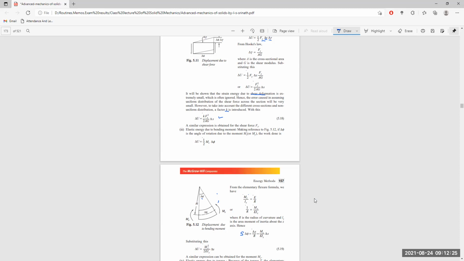If you put the value of 1 by r here, this equation takes the form delta phi equal to Mz by E Iz into delta s. Substituting this value of delta phi here, the equation becomes Mz square by 2 into E Iz into delta s, which equals delta U.